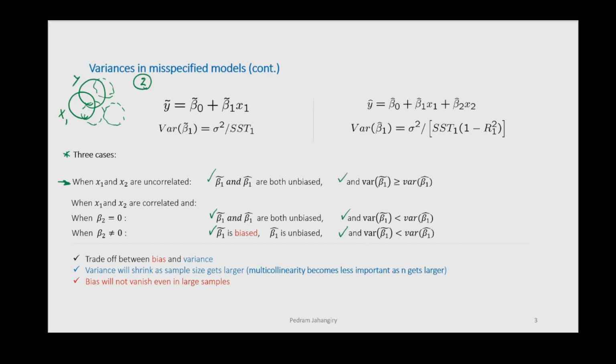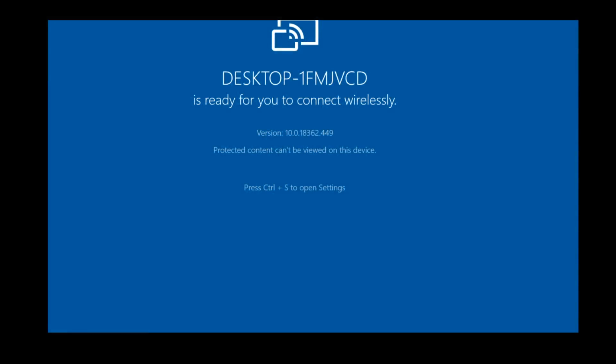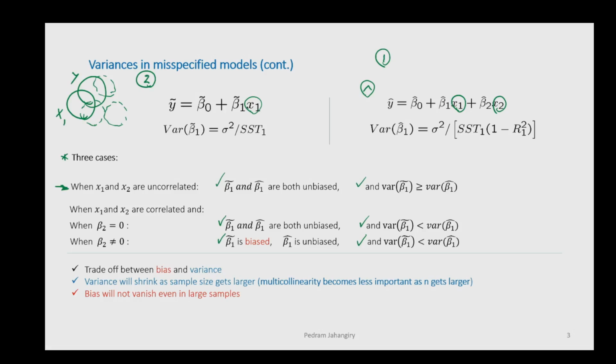On the left is our model number 2 with x1 in the model. On the right is our model number 1 with both x1 and x2, shown with hat. For your reference, I put down the equation for the variances below each model as well. Here is the equation for the variance of beta tilde 1, and here is the equation for the variance of beta hat 1.